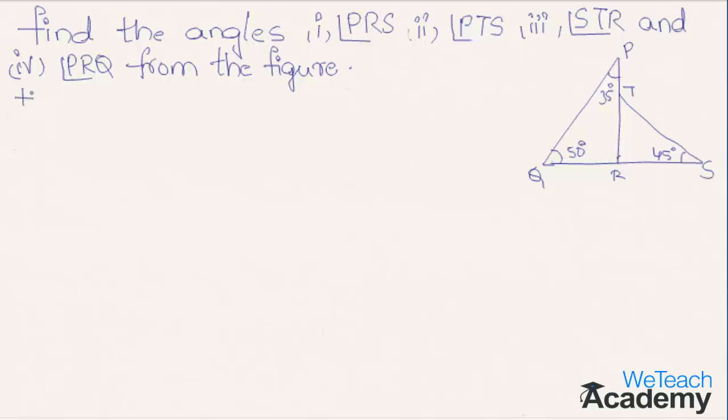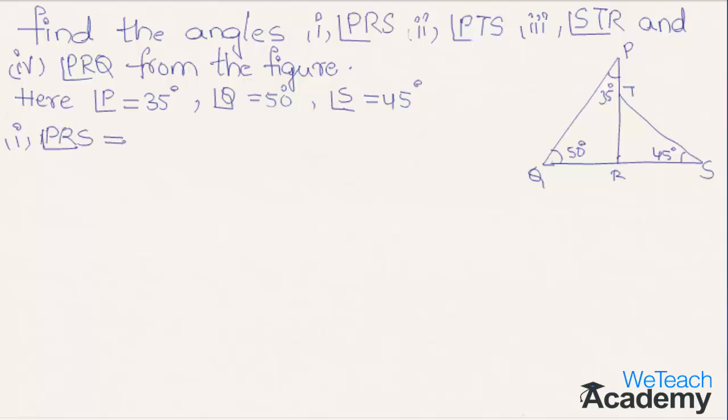So here, angle P is given as 35 degrees, angle Q as 50 degrees, and angle S as 45 degrees, which can be seen in the figure. So, coming to the first one, that is to find angle PRS, which is an exterior angle of the triangle PQR.